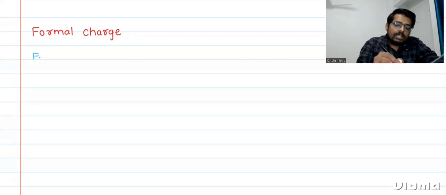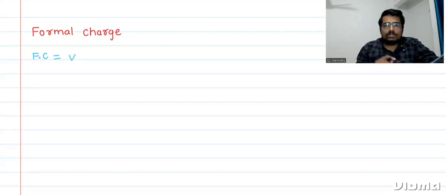Formal charge is calculated using the formula: formal charge is equal to the number of valence electrons in the atom, minus the number of lone pair electrons, minus half of the shared electrons.